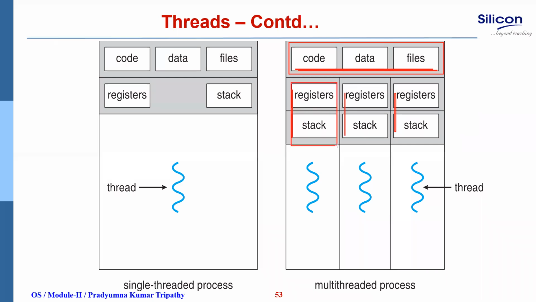So for every thread, separate registers and stacks are being created, whereas each of the threads shares the common code, data and files of the process. Is it understood? Is it clear?